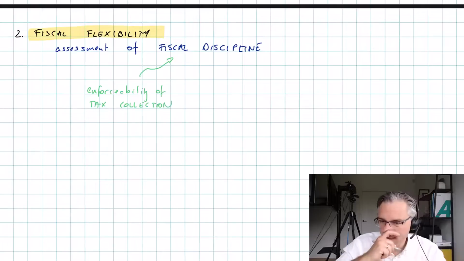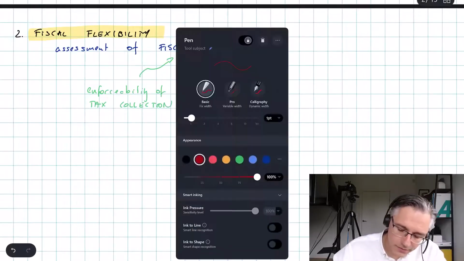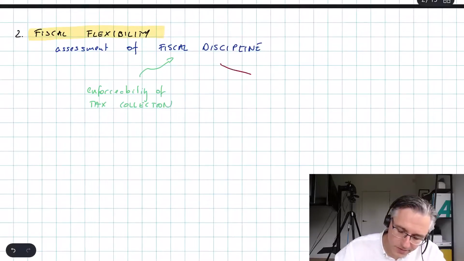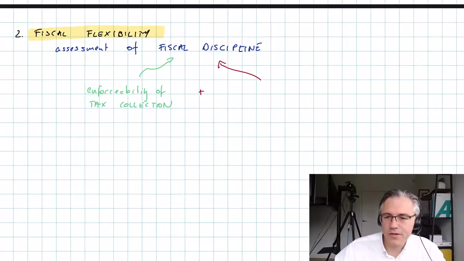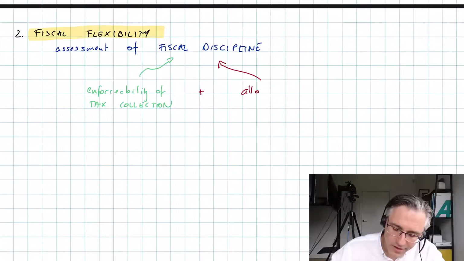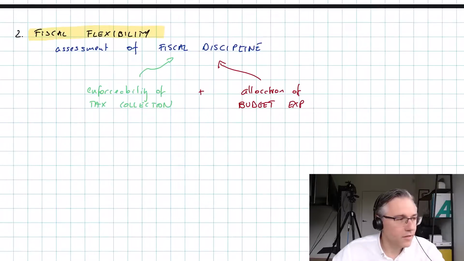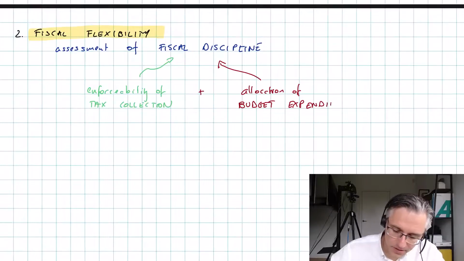on the one hand, but then within fiscal discipline, you've got the other side of the equation. The budgetary equation is where the money goes to. So allocation of budget expenditure, and of course you will know stories of budgets being misspent, sometimes in a very fraudulent way by those close to politics.